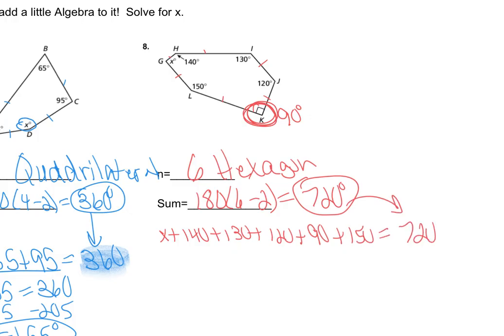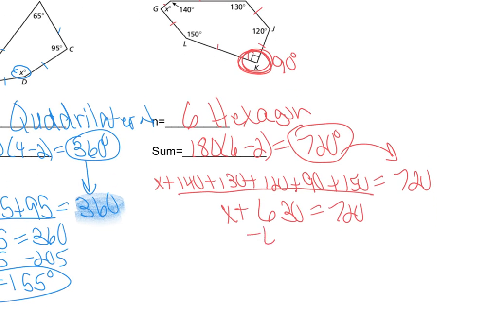We're going to combine all of our like terms. We get x plus 630 equals 720. Subtract 630 from both sides, and we get that x equals 90 degrees.